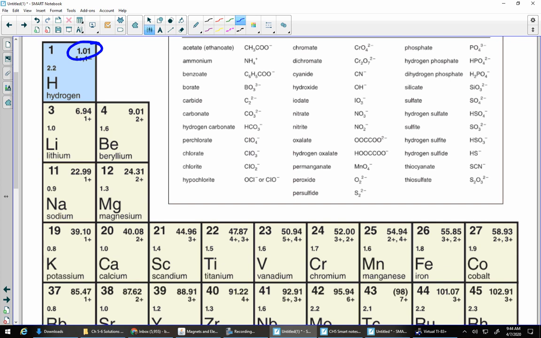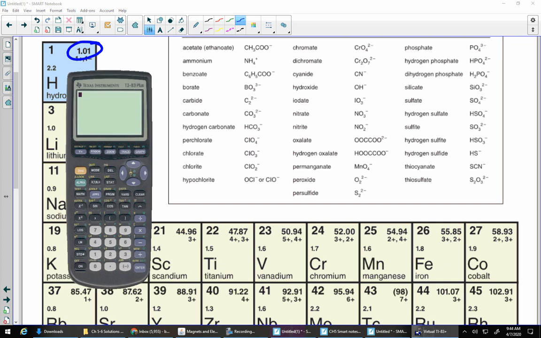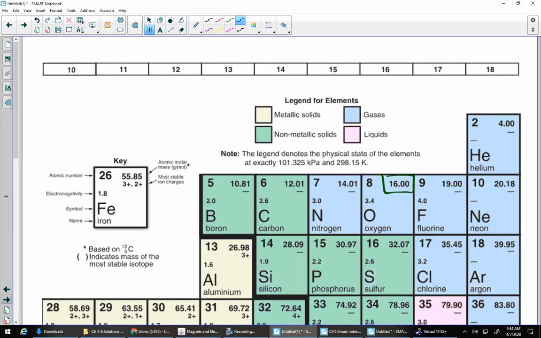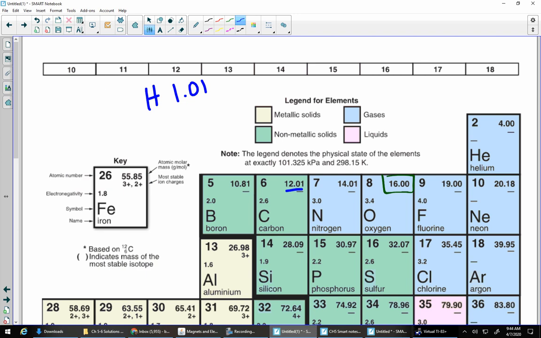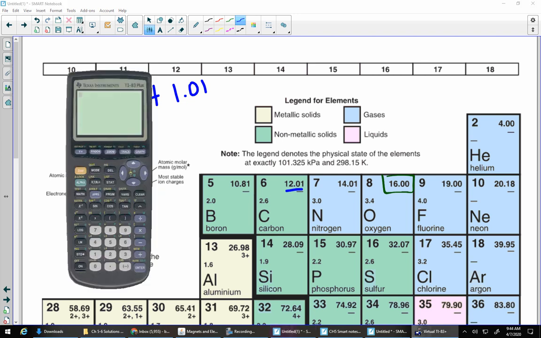So we know hydrogen is 1.01. I might write that just on the other side here. So hydrogen is 1.01 grams per mole. So let's just add them all up. Back to the old calculator. So I've got 6 times carbon. Okay, here's carbon, 12.01. 6 times 12.01.